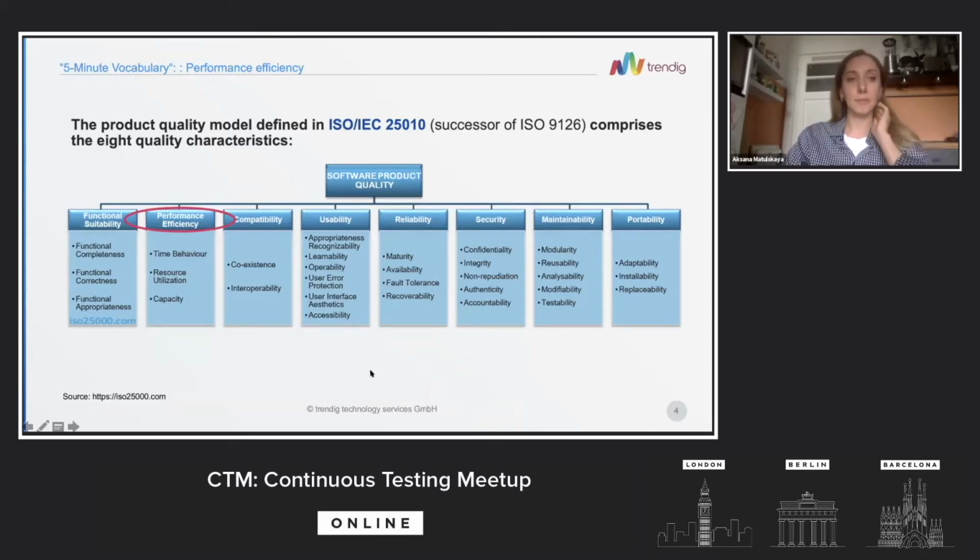So there are 8 characteristics, from functional suitability, performance efficiency, usability, etc. Probably in the next times we will discuss each of them. In performance efficiency, there are 3 sub-characteristics: time behavior, resource utilization, and capacity. So this structure, see ISO 25010. Let's check what it is.